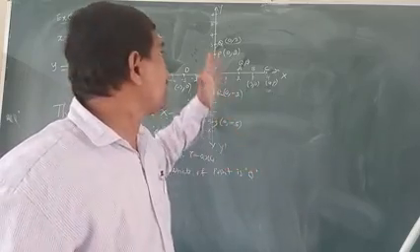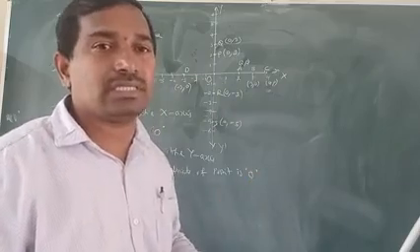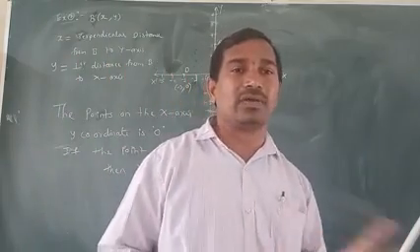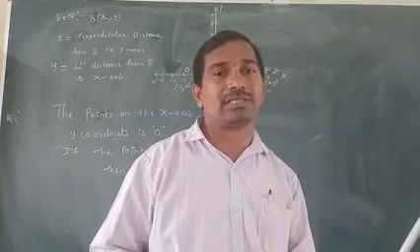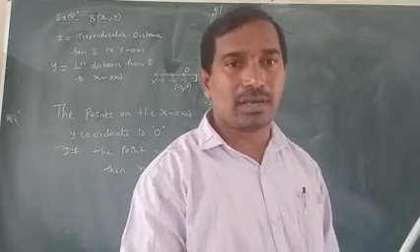If a point lies on the y-axis, the x coordinate is 0. On the x-axis, the y coordinate is 0. On the y-axis, the x coordinate is 0. Okay children, write the notes.